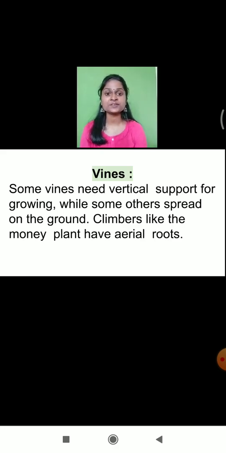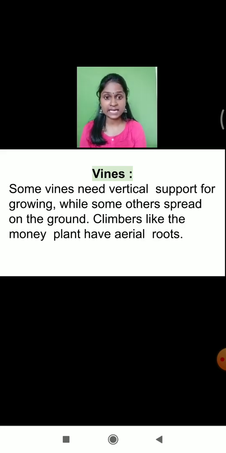There are certain vines who need vertical support for growth. There are certain vines who need horizontal support for growth, and there are certain plants who have the aerial roots for growth and development.